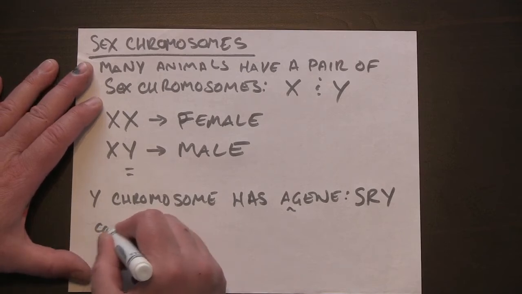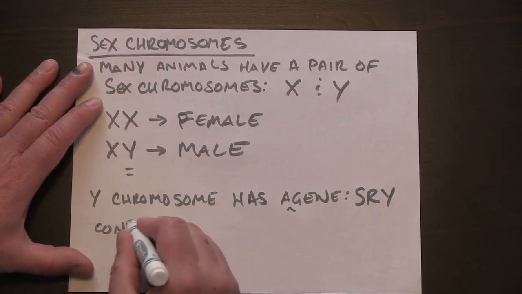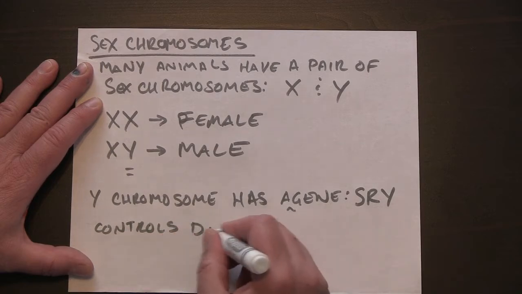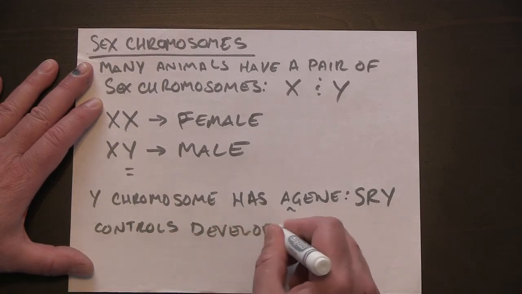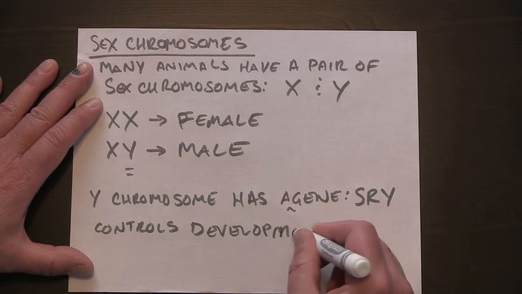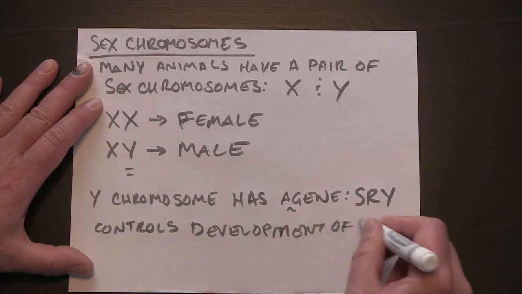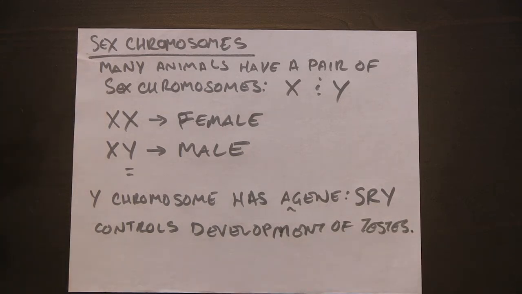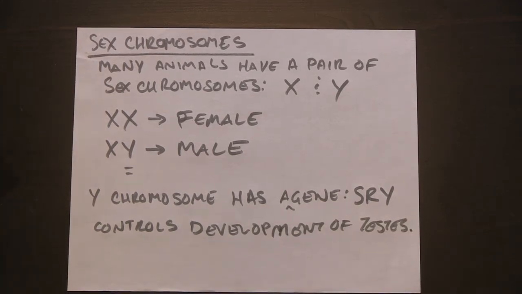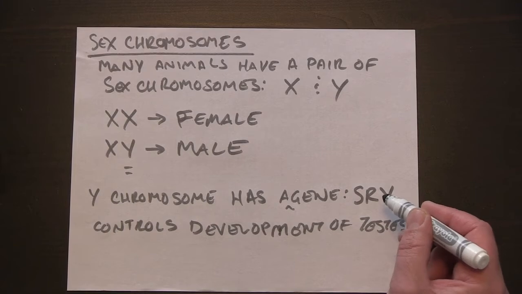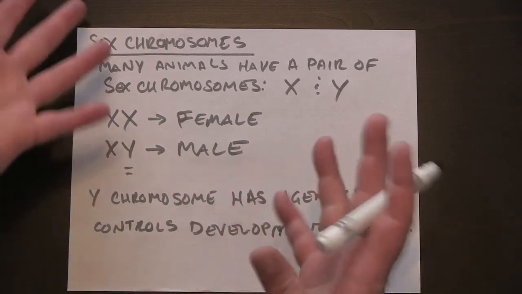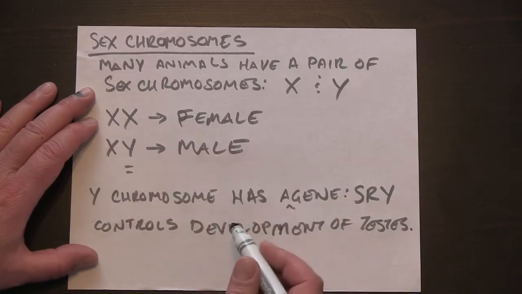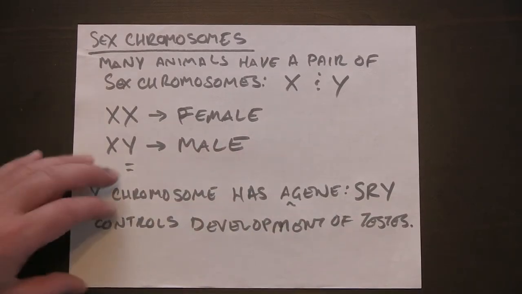And it controls the development of testes in males. So without this SRY gene, the body will just naturally develop ovaries instead of testes. But if you get a Y, then you're going to develop testes instead.